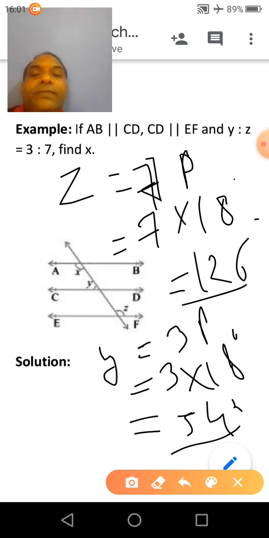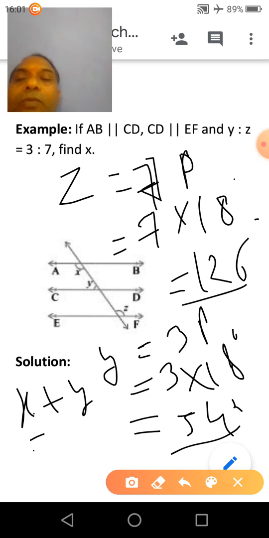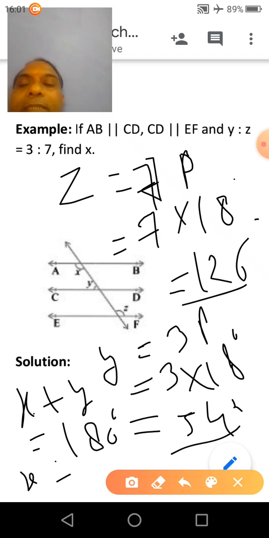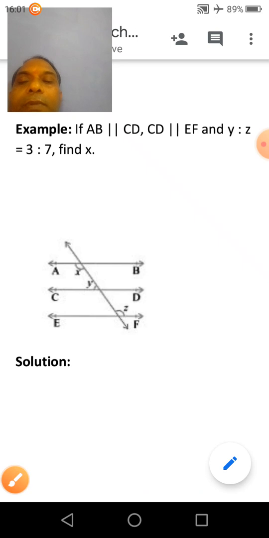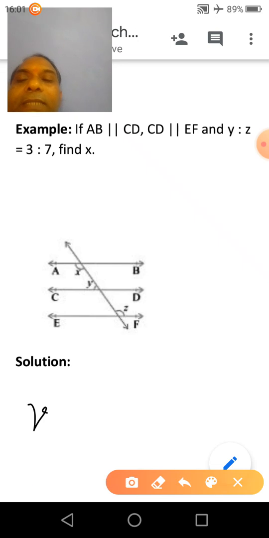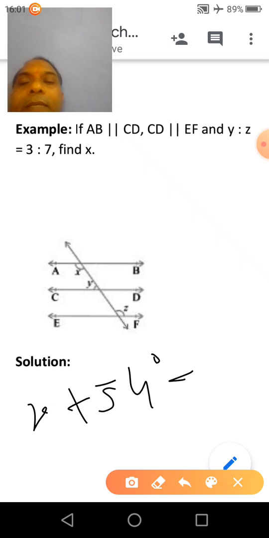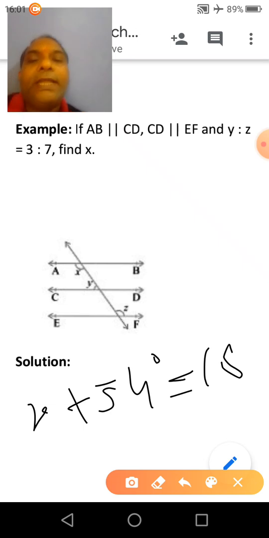Also according to this figure, X plus Y is equal to 180 degrees. Put the value of Y. So X plus 54 degrees is equal to 180 degrees.